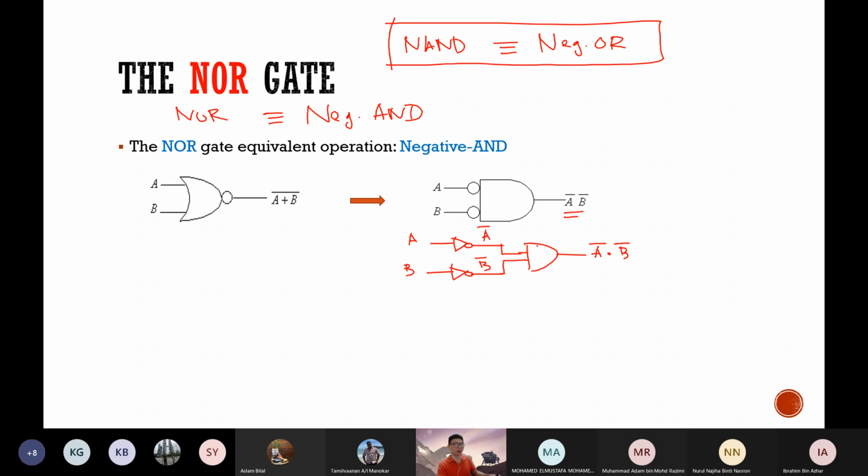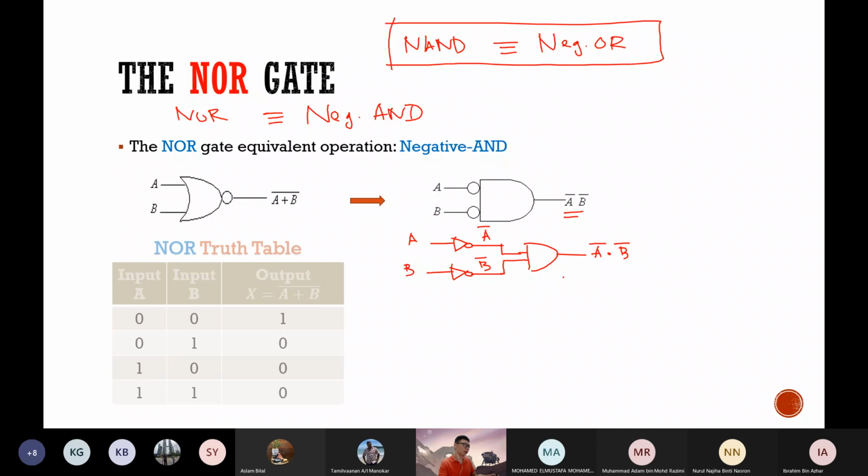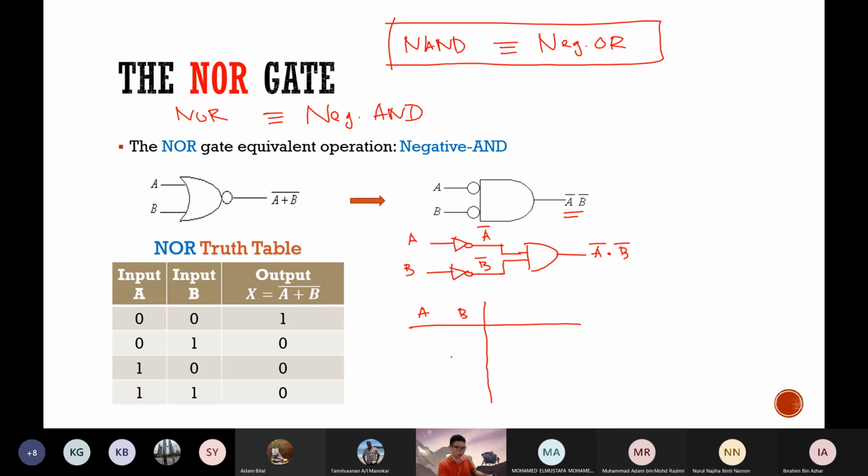Now with this in mind, let's take a look at how the truth tables of this gate and this gate are the same. The truth table of the NOR gate we have seen in the last slide just now. The truth table for this negative AND is also very simple, so we can construct it very quickly over here. We have A, B: 0 0, 0 1, 1 0, 1 1.